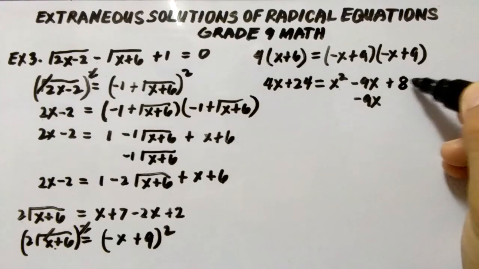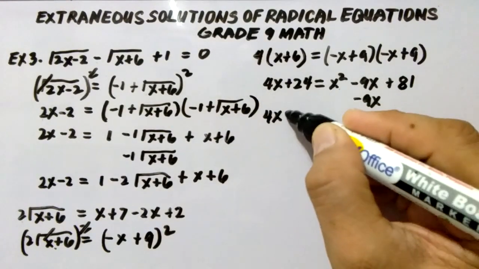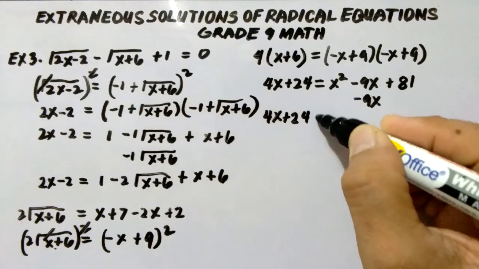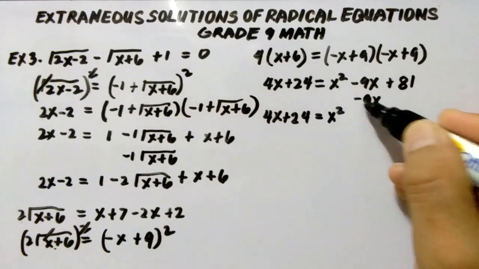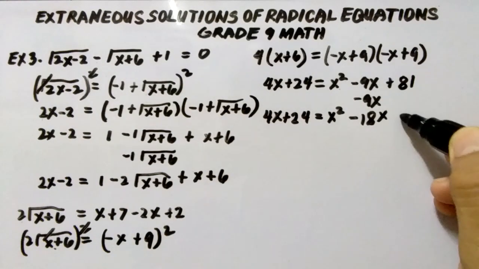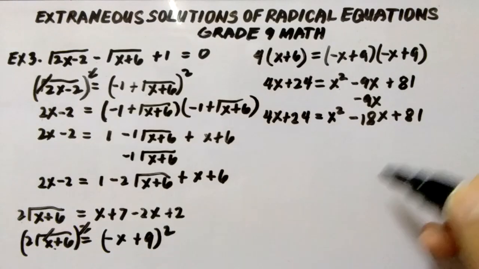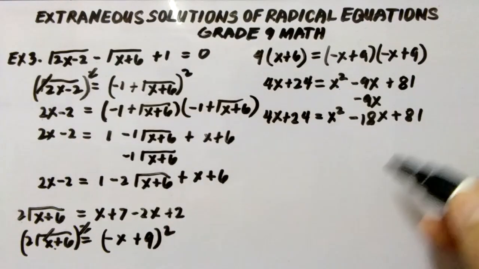So, positive 81. Then, 4x plus 24 is equal to x squared. Then, negative 9x minus 9x, that is negative 18x plus 81. Then, simplify po natin, combining like terms.